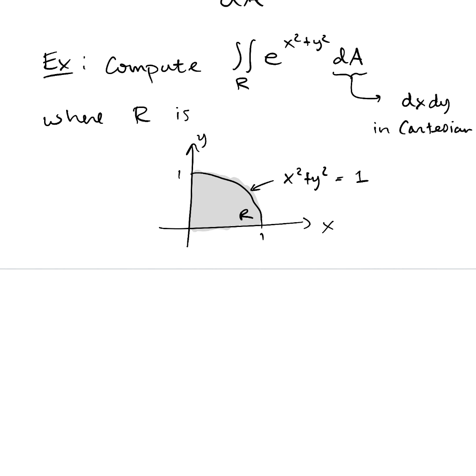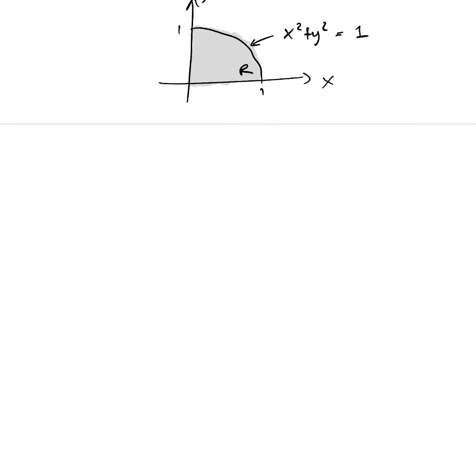On the other hand, if you were to turn this into polar, the magic happens. In polar, the double integral over that region R of the function e raised to the x squared plus y squared with respect to area becomes an iterated integral.